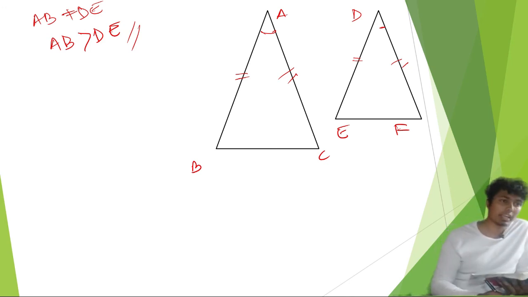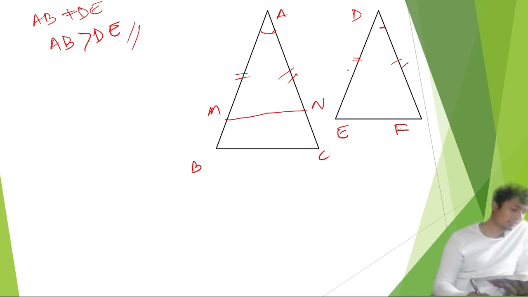Now take M and N here, such that AM is equal to DE, like in the previous question, and AN is equal to DF.